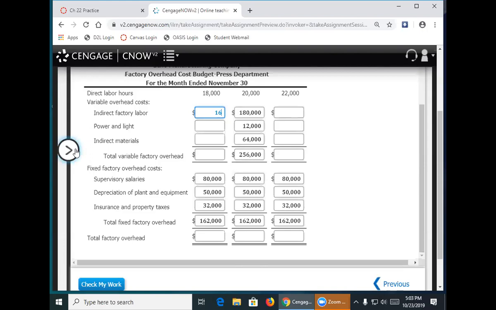Yes, ma'am. Okay. So 162,000 for factory labor. Power and light is 60 cents times 18,000 hours, or 10,800. Materials are $3.20 times the 18,000, so 57,600.